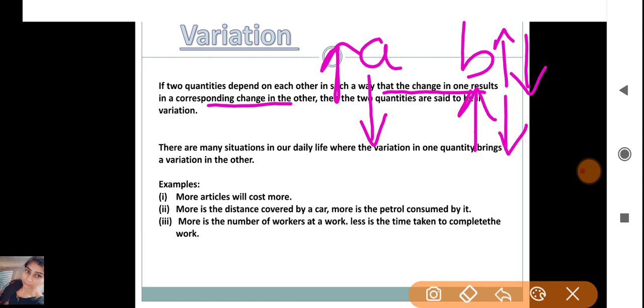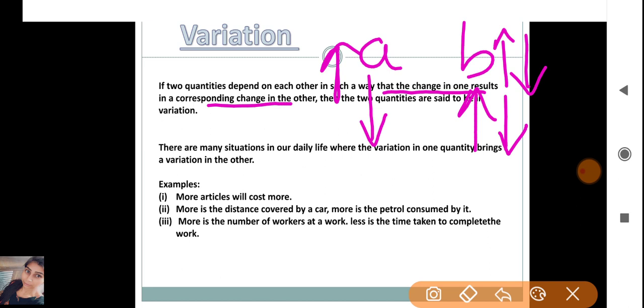So in some way, when A is changing, B is also changing. In that scenario, we can say that A and B are in variation. There are many situations that come across in our daily life that are somehow dependent on each other, or they are in variation.